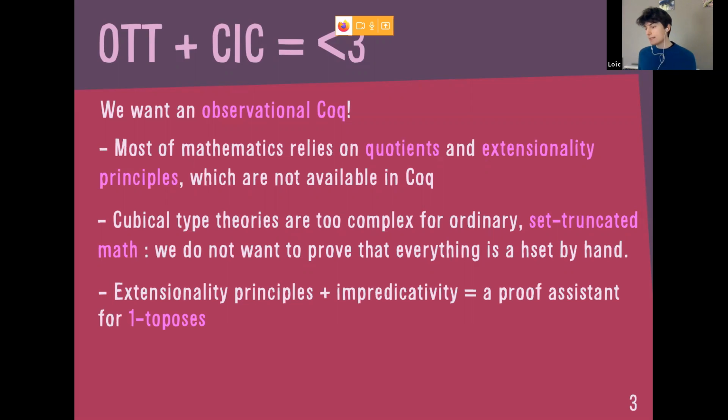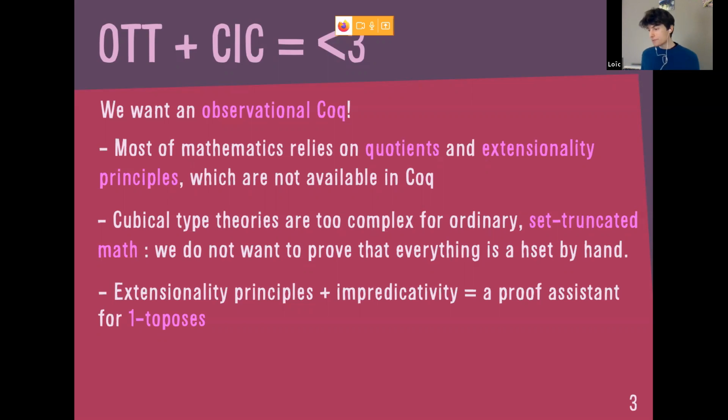And finally, an argument that might interest the categorically minded people is that an extensional type theory with impredicative propositions is very much reminiscent of what is available in toposes.